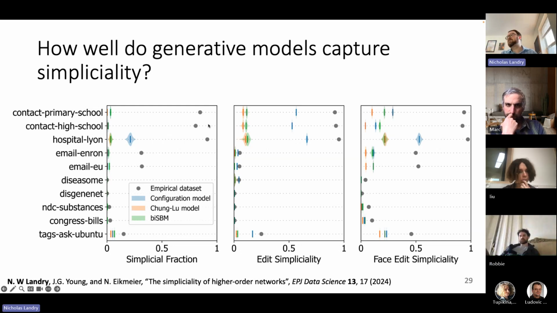For example, here we've got the empirical values with these gray circles, and the configuration, Chung-Lu, and bipartite SBM just fail to capture this value. It seems like for edit simpliciality, the configuration model definitely does better, but it still does not fully capture the simpliciality. So that indicates to me that there are a lot of exciting opportunities here to develop models that can actually capture these latent parameters.